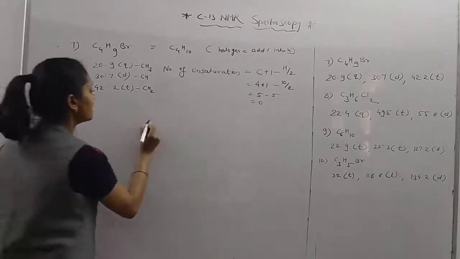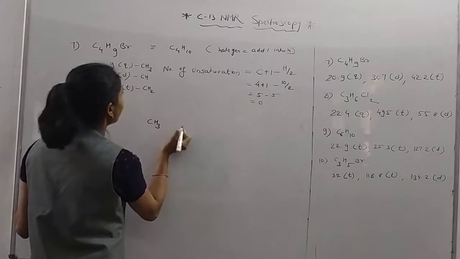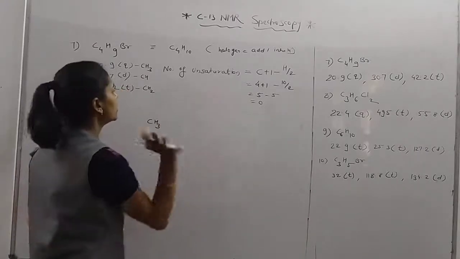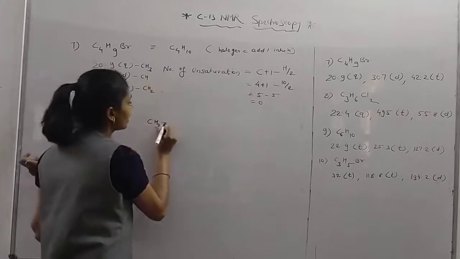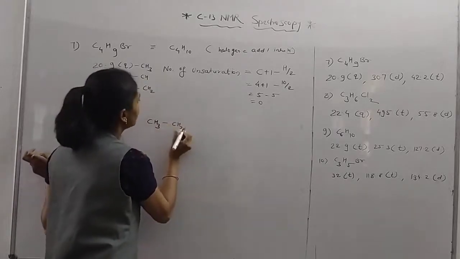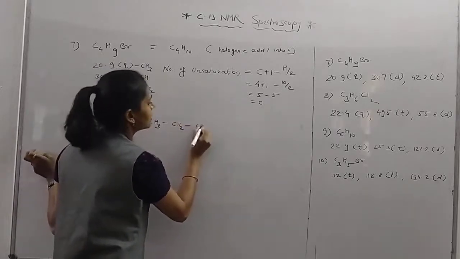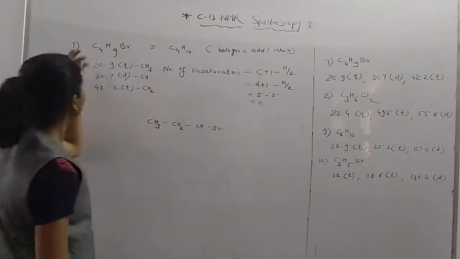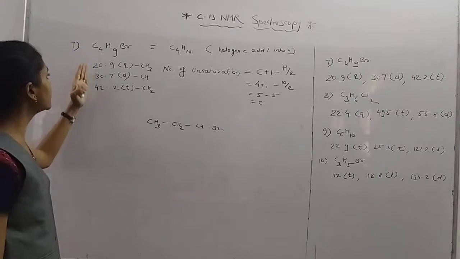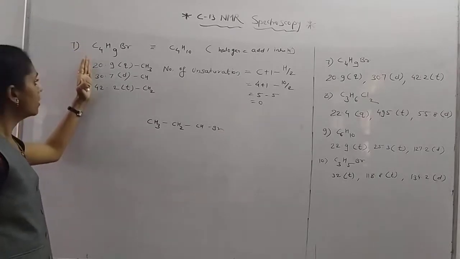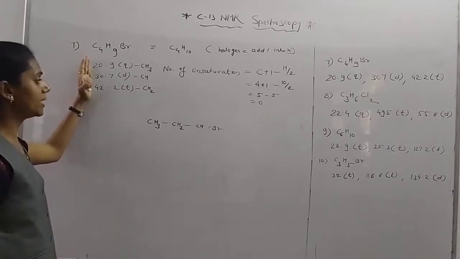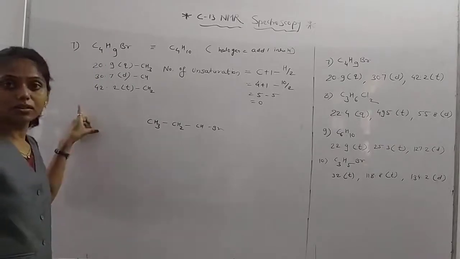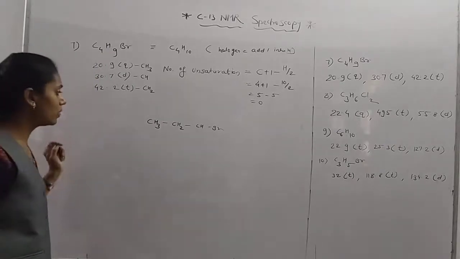For C4H9Br, I write CH3. I don't know the structure yet, but I know there is 0 unsaturation, so the longest chain is CH3, CH2, CH, and I write Br. But there are 4 carbon atoms and we obtained 3 signals. That means there is a symmetrical carbon.